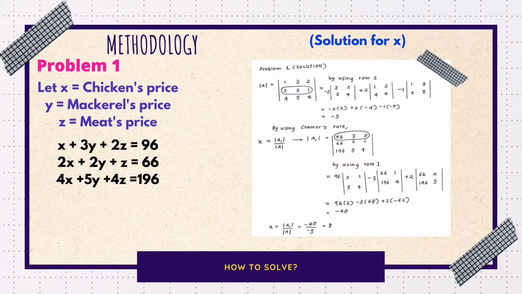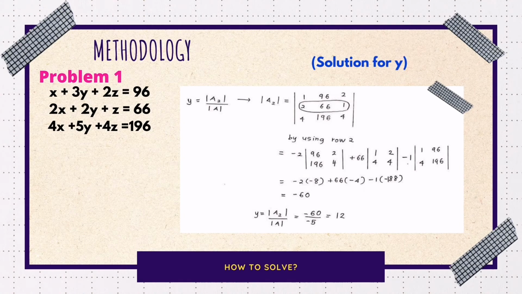To find x, we must find the determinant of A1 and divide by the determinant of A. To find the determinant of A1, replace the first column with the constant values, which are 96, 66 and 196, and the other columns remain the same. Then solve using row 1. We get negative 40, so x equals 8.